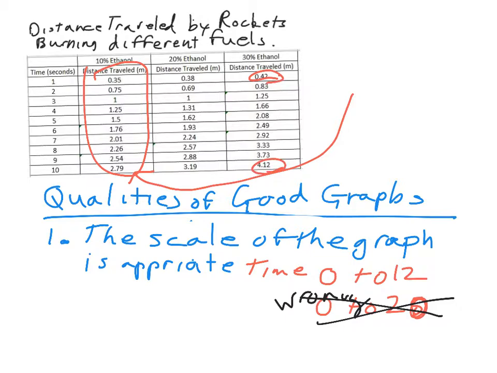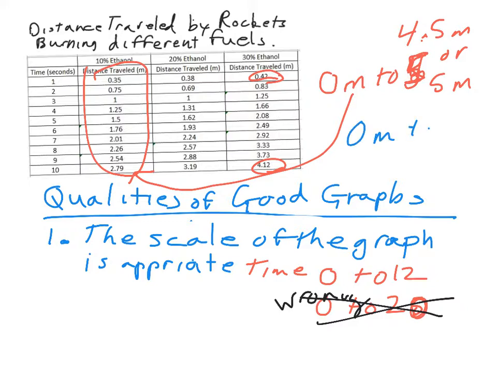So if I'm wanting to include everything on this graph, I would want to make my scale for my axis 0 meters to not 4 meters, to 5 meters, or even better, 4.5 meters. That way I could get my graphs as large as possible. What I wouldn't do is put it 0 to 10 meters, that would be wrong, and I'd take off points for it. You want your picture to be as large as possible on that graph.